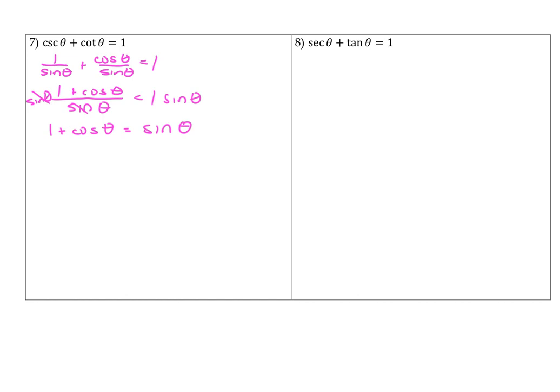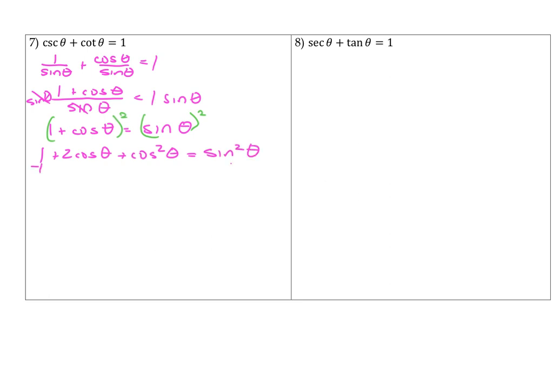I'm going to square this binomial, and I'm going to square this term. So kind of go back to our earlier math, that's a binomial squared, which is going to create a perfect square binomial. So that's going to be 1 plus 2 cosine theta plus cosine squared theta equals sine squared theta.